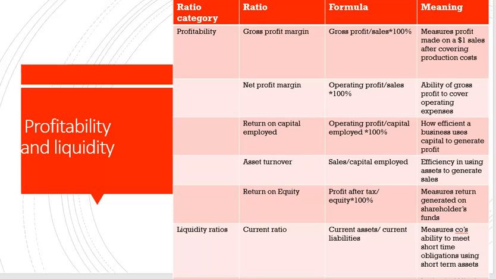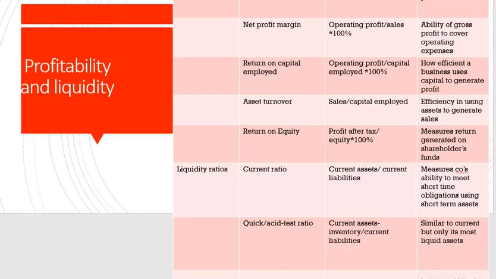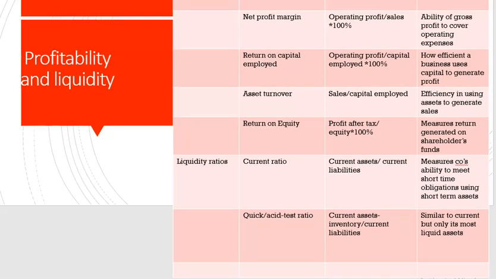So current ratio is calculated as current assets over current liabilities. So the ratio basically intends to measure the company's ability to meet short-term obligations using short-term assets.